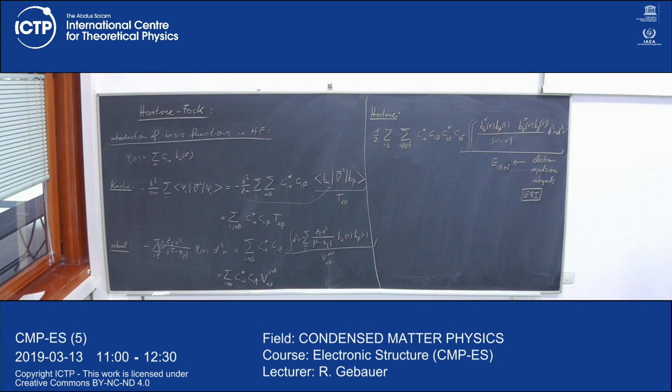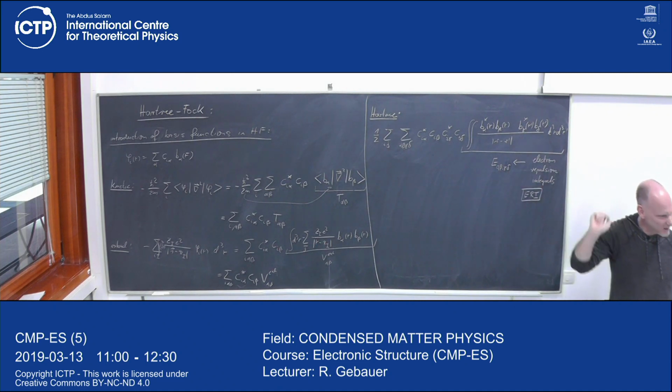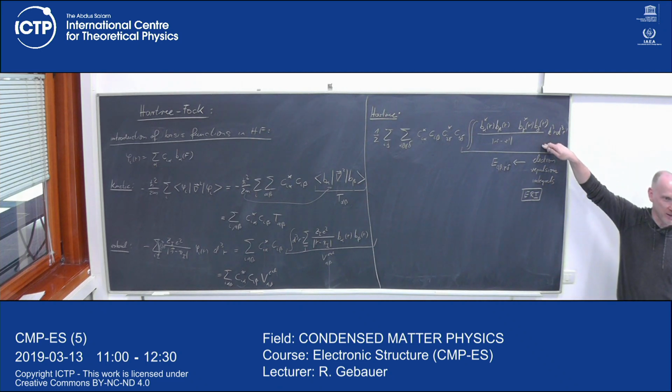The problem is, you see, if you have 10 to the 4 basis functions in your system, for example, how many integrals do you have to calculate? 10 to the 4, 8, 12, 10 to the 16 integrals you have to calculate. Can be quite tough. So this is a computation and a memory bottleneck for your codes.